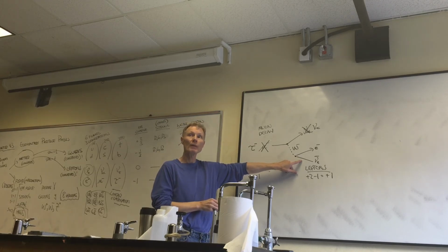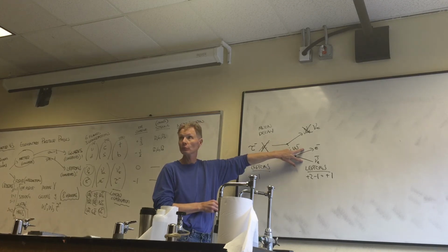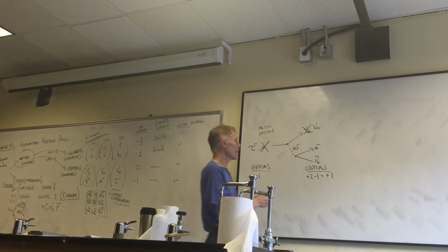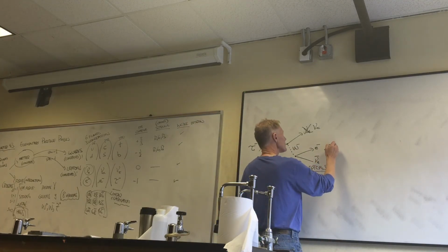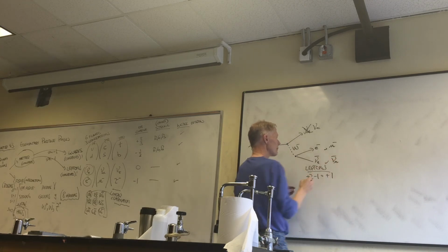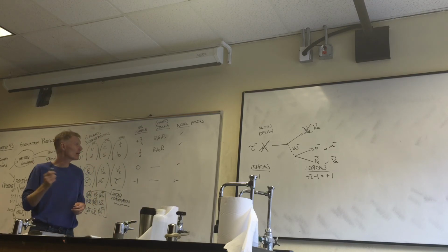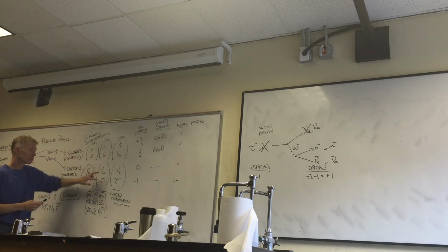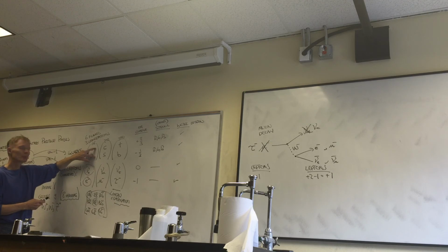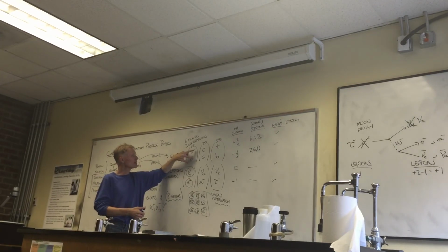With a tau, I've got more mass. Would these particles have to be an electron and a neutrino? What else could they be? They could certainly be a muon. So it could also be that this is a muon and an anti-muon neutrino. That's certainly a possibility. Does a tau have enough mass to produce this pair? You guys don't know, right? Because we haven't looked at the numbers. Turns out a tau does have enough mass.